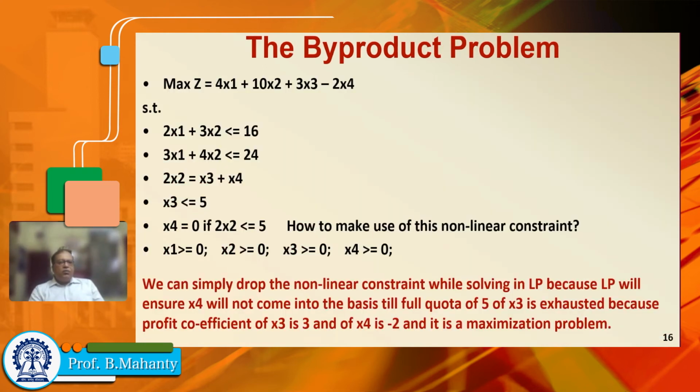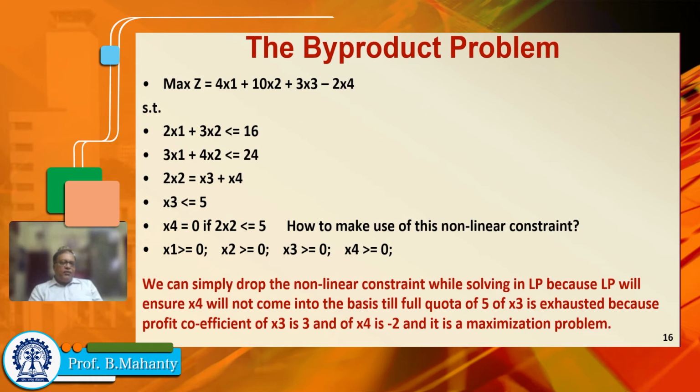So let's go back to the original formulation once again. Really speaking, we can simply drop the nonlinear constraint while solving the LP, because LP will ensure x4 will not come into the basis till the full quota of 5 of x3 is exhausted, because the profit coefficient of x3 is 3 and x4 is -2, and it is a maximization problem.